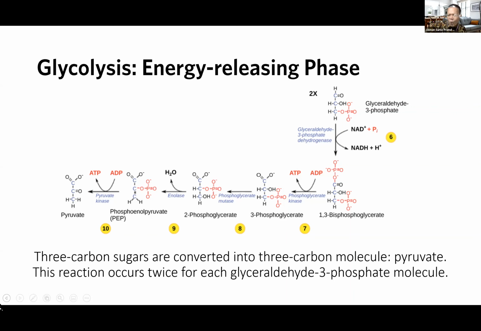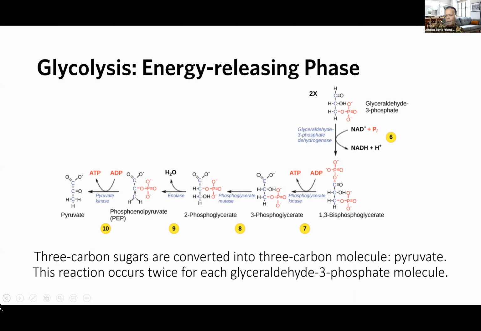If you have just one molecule of this one, you have just two molecules of ATP and one molecule of NADH. But if you have two molecules of this one, you just multiply it by two, then you get two molecules of NADH and four molecules of ATP.